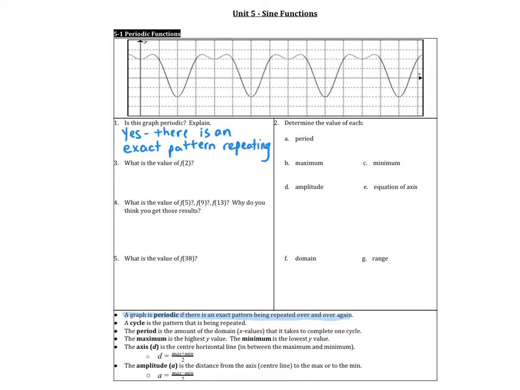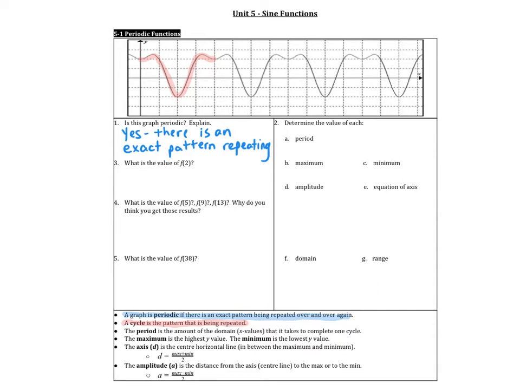So the next thing you need to know is what a cycle is. A cycle is the pattern that is being repeated. So this here, right there, is the cycle. And the period is the length of the cycle along the x-axis.